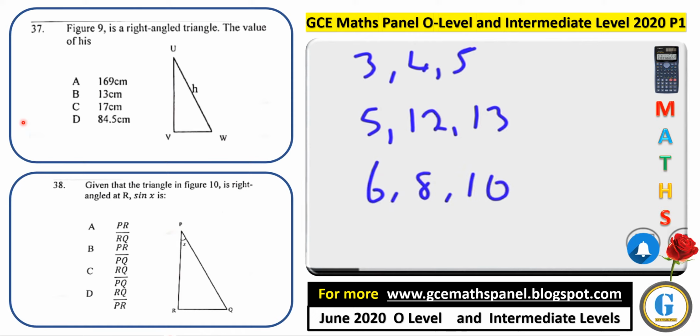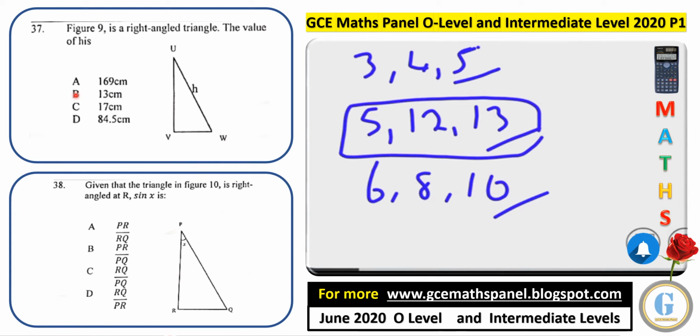Normally the last number is the hypotenuse. So this one corresponds to our equation, and our value there will be equal to 13. So we use 13 as our answer. The key there is B. So here they wanted the knowledge of Pythagorean triples for question number 37.